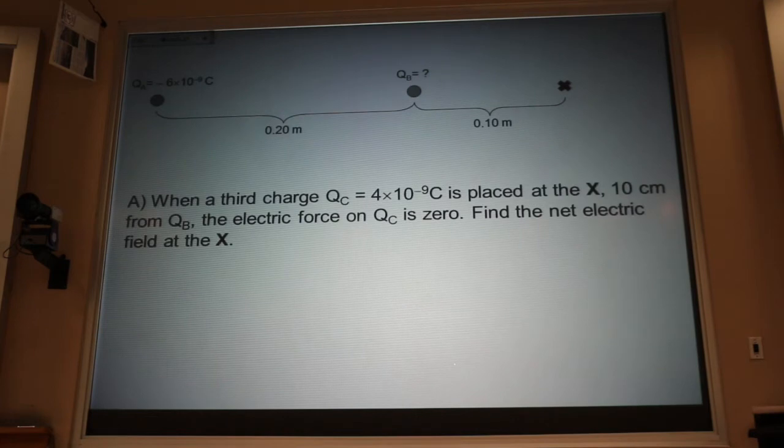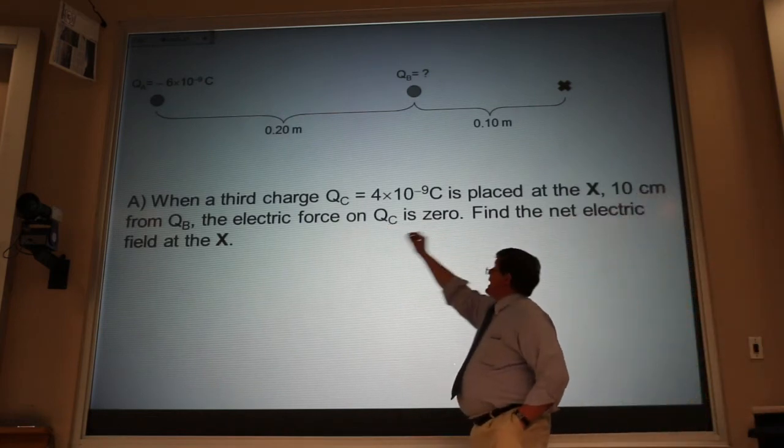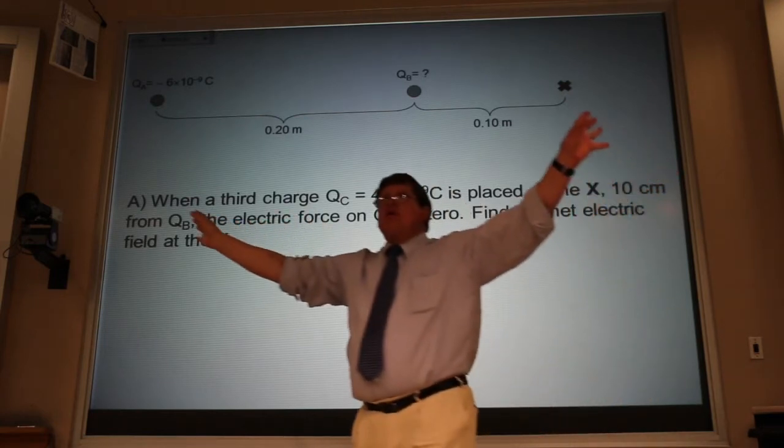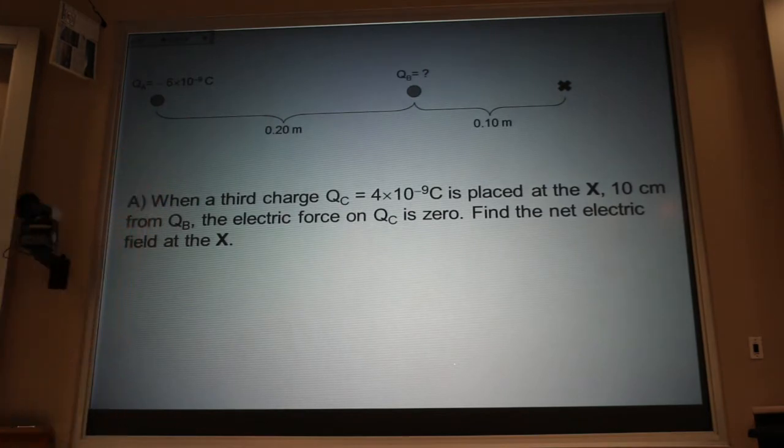Now, what we did tell them, we told them that if I took a 3rd charge, QC, and I placed it at the X, it would feel no electric force. Okay, you got to keep those ideas separate. The force that it would feel electrically would be 0. Whoa! I got these 2 sources over there, and that QC doesn't even know they're there.